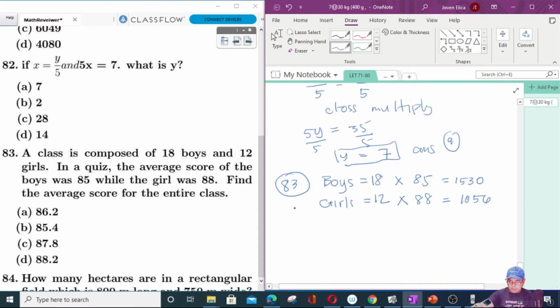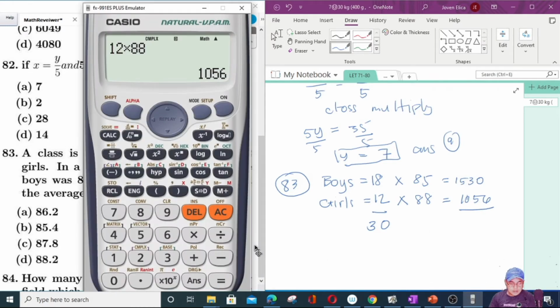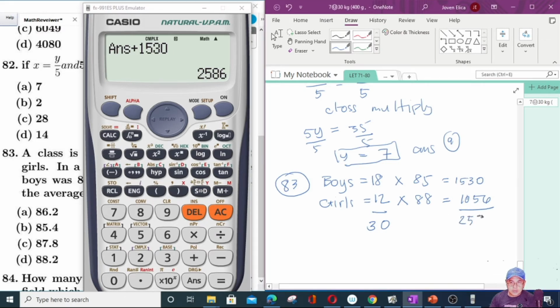Since we are getting the average score of the entire class, 1056 plus 1530 is 2586.